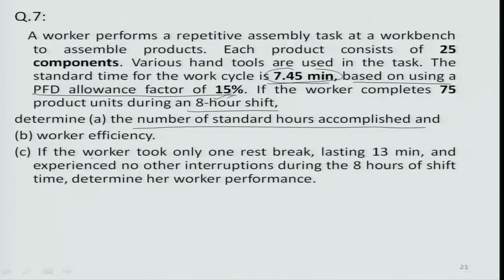The third part is, if the worker took only one rest break lasting 13 minutes and experienced no other interruption during the 8 hours of the shift time, determine the worker performance. Okay, so what the problem is saying: each product consists of 25 components. Number of components is equal to 25.